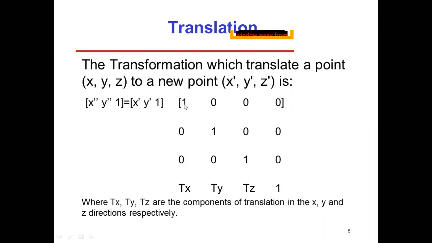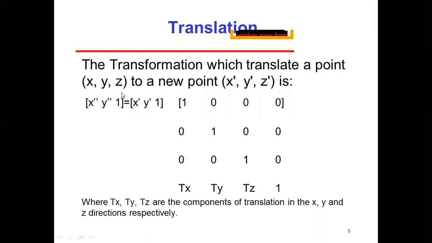I mentioned here 1 0 0 tx, 0 1 0 ty, 0 0 1 tz, 0 0 0 1. This matrix is okay. I just forgot to write z in the double dash point, so you can write here x double dash, y double dash, z double dash, 1.